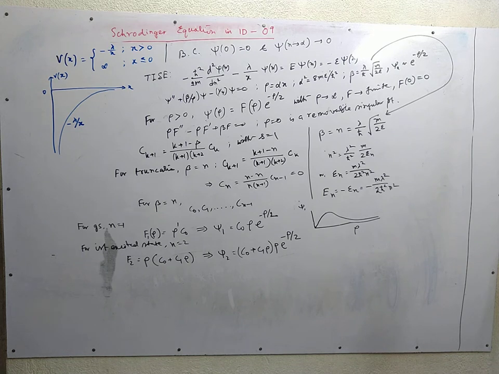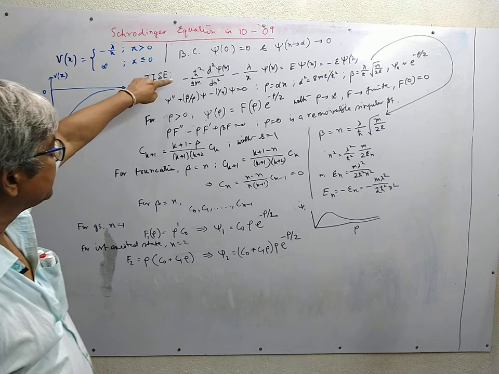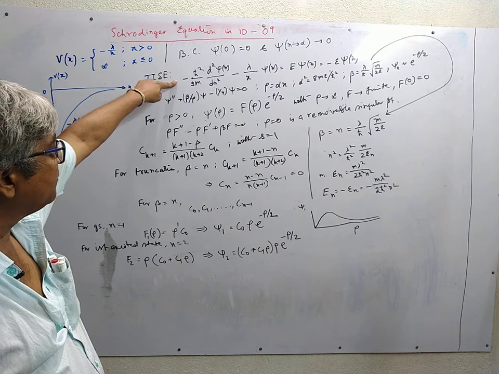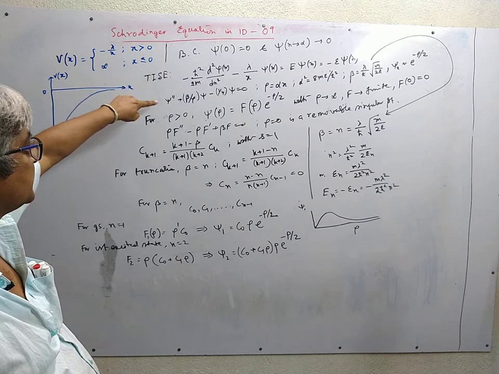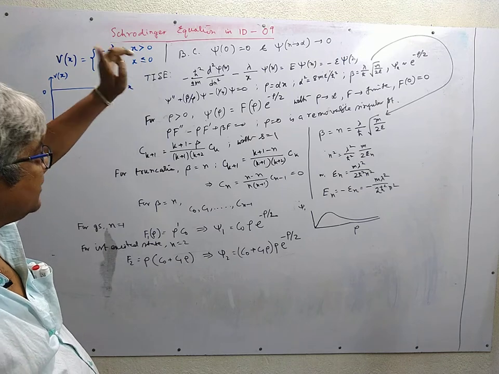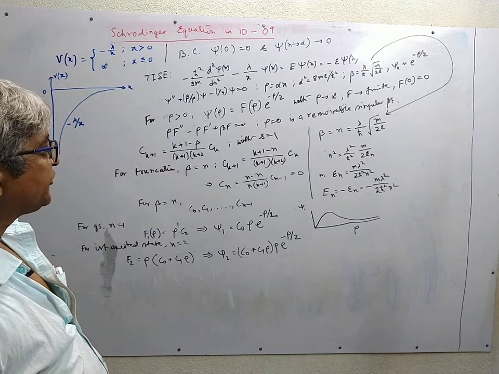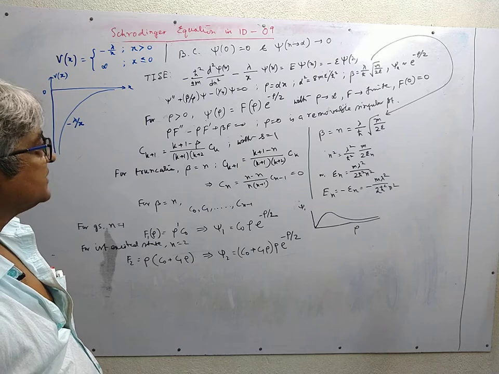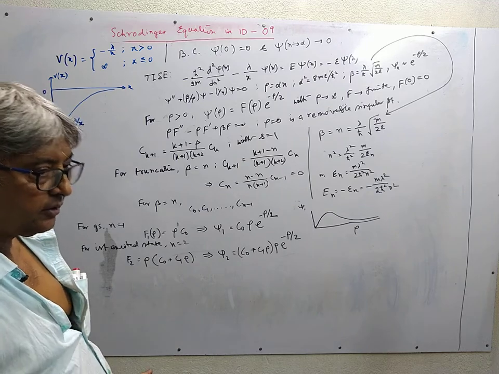The first step is to convert the differential equation in dimensional form to dimensionless form, by using a suitable scaling parameter. Then we will study the special behavior of the wave function, that is the asymptotic behavior.